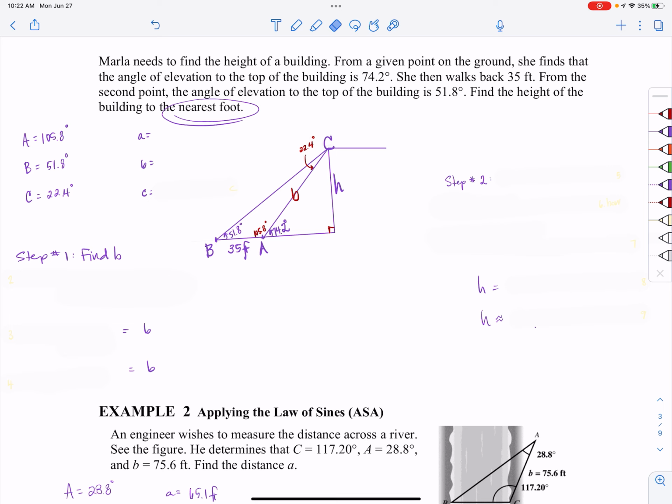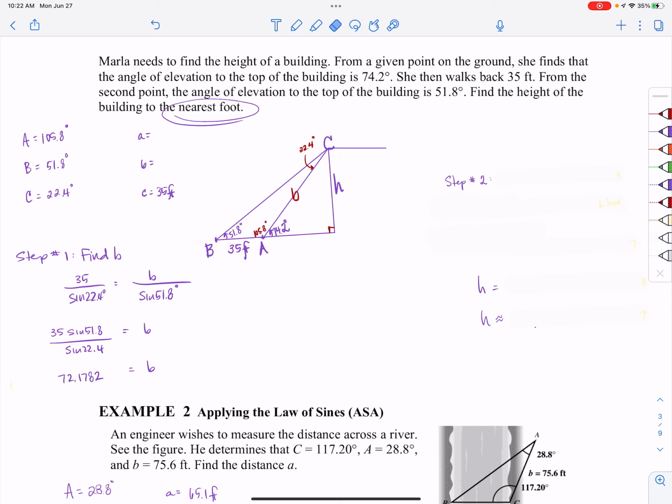I can do that by using, let's see here, there's one thing that I didn't uncover, and that is side C, which is 35 feet because it is opposite angle C. And so I'm going to use this fraction C and fraction B to find side B. So here's my law of sines set up. Let's do the math by multiplying on both sides by the sine of 51.8.